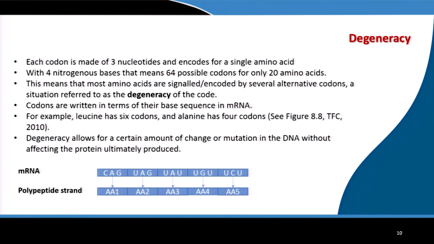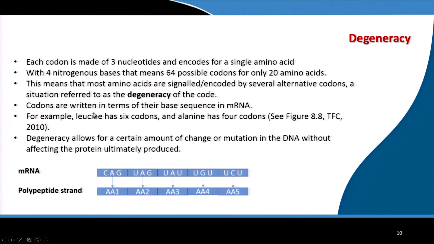From a human point of view, we would normally think of this as inefficiency, but what that does from a natural perspective is that it allows some amount of change. It allows the species to continue replication and reproduction despite mutations in the DNA. So that is the importance of the degeneracy of the genetic code.